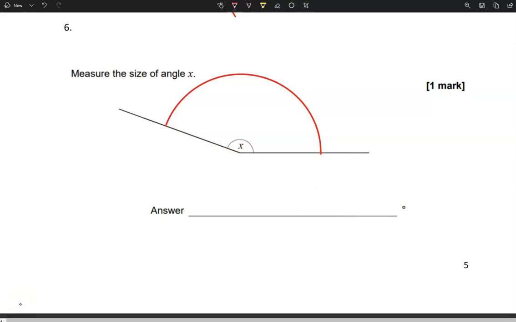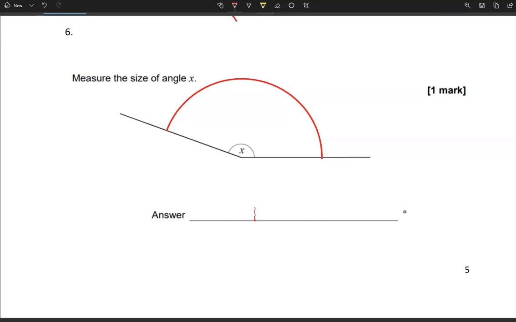You can even write 159 because it seems to be just a bit under 160. But always in this kind of questions, you won't be marked down if you add a degree or take away one. And that's because of the nature of these kind of questions. And this is the end of the questions.